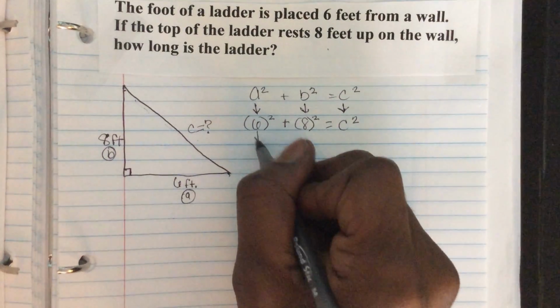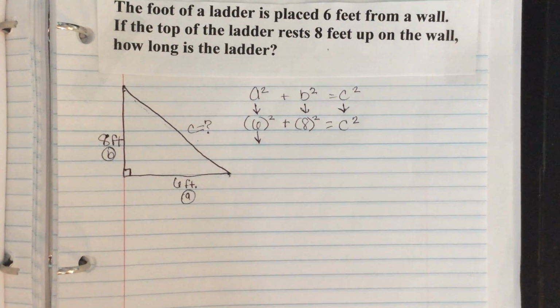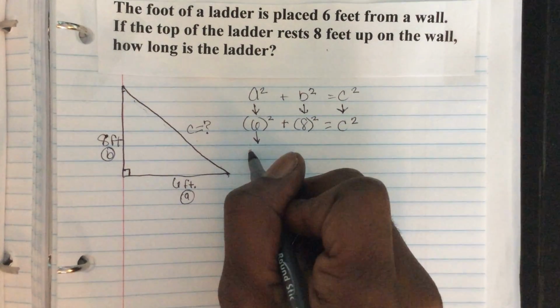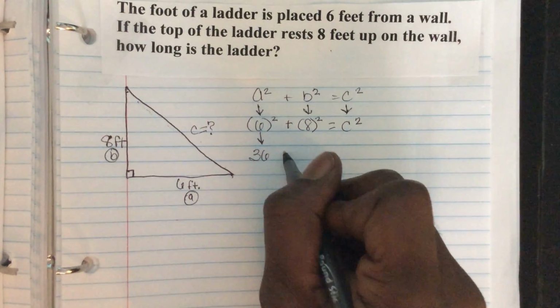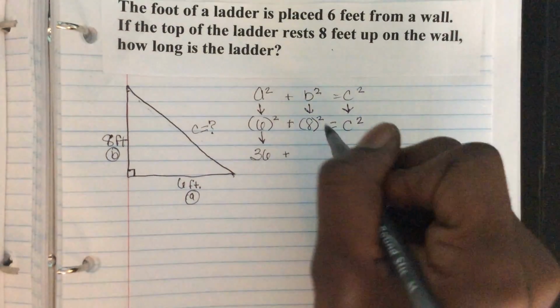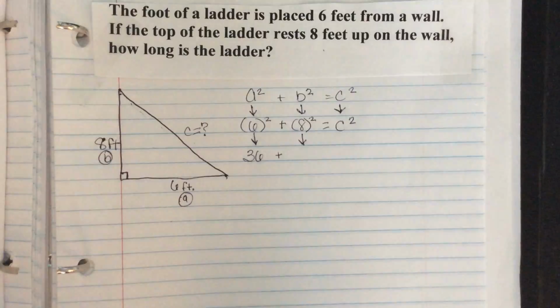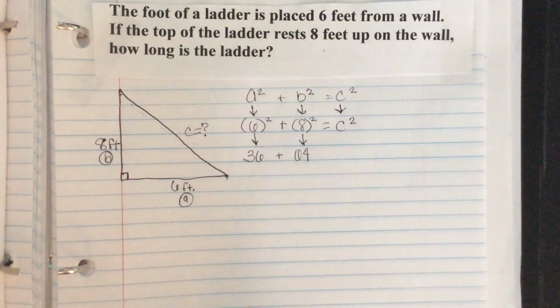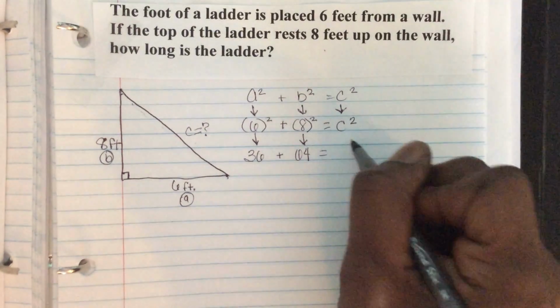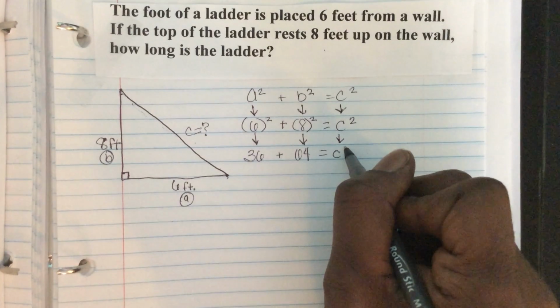Now when I evaluate my 6 squared, I get 36, which is 6 times 6. I evaluate 8 squared, which is 64. And I still do not know my C squared.